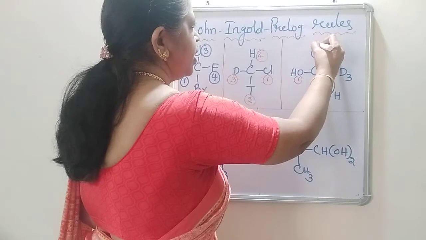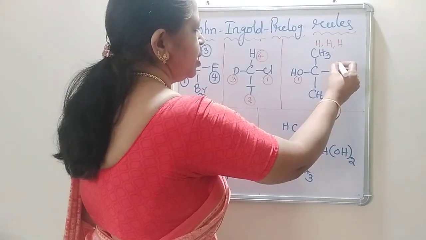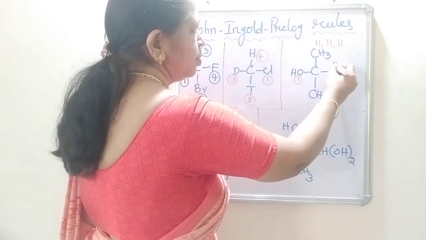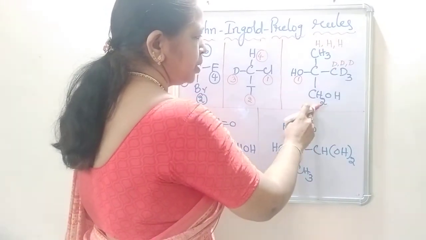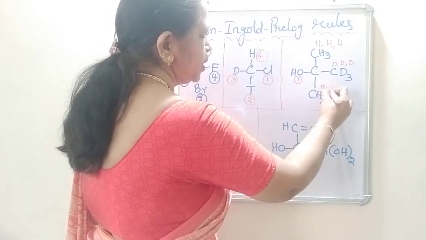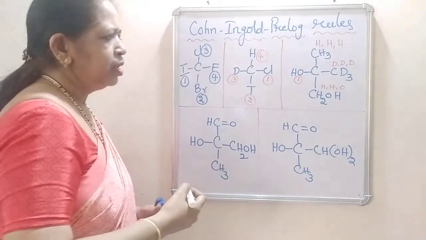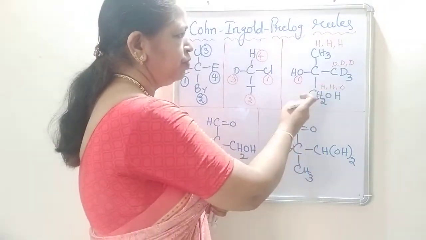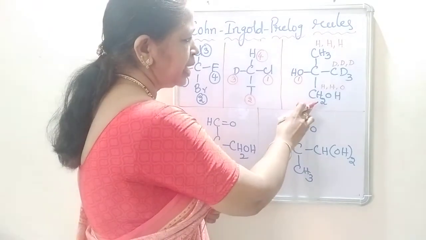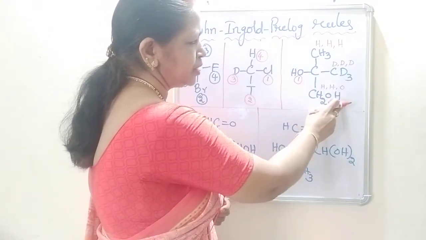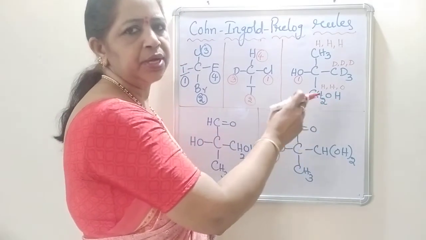Here in this, there are 3 hydrogens, in this, there are 3 deuterium atoms, D, D, D, and in this there are 2 hydrogens and 1 oxygen. If we see the next atoms to which the first atom is bonded, then the first priority goes to CH2OH because oxygen is the atom with the highest atomic number.